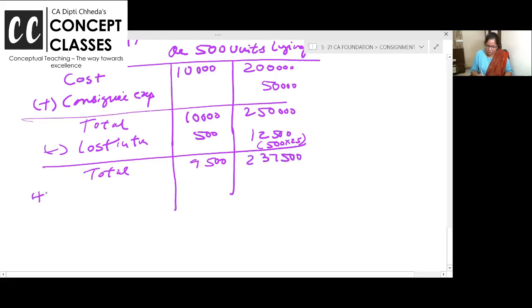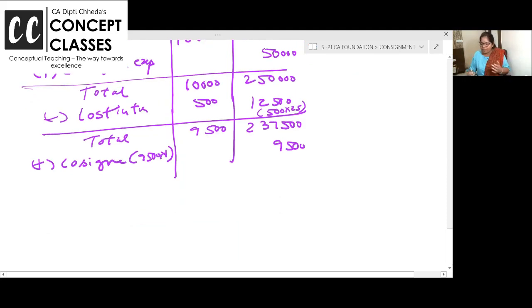That is 2,37,500. Now expenses of consignee: 9,500 into 1 per unit. Only for 9,500 units the consignee got it, at 1 rupee per unit, they will incur the expense.